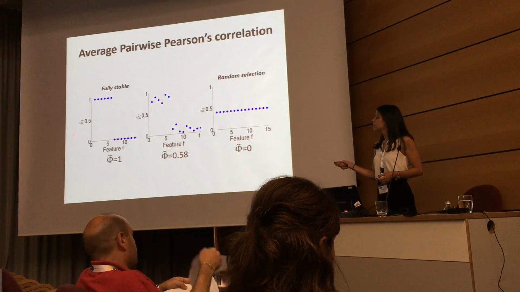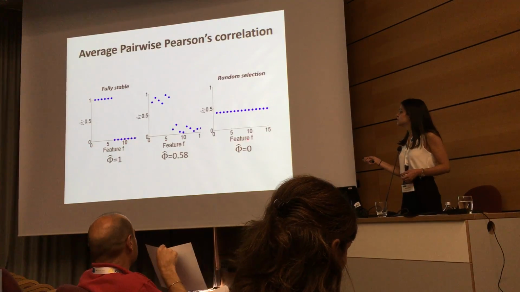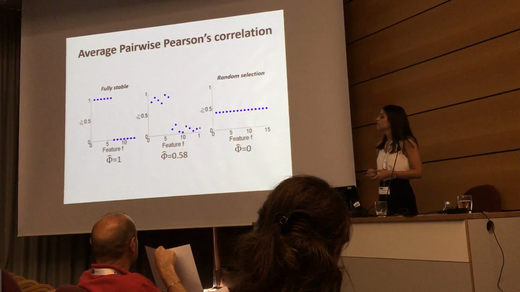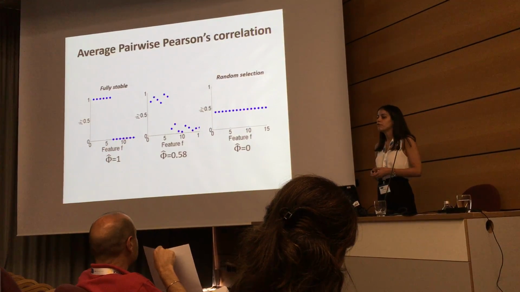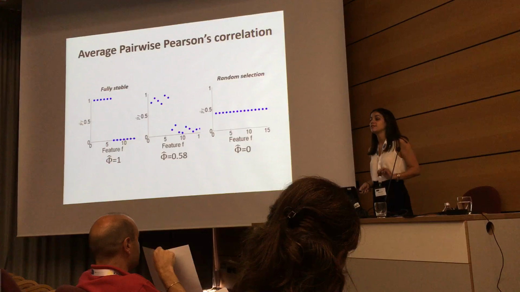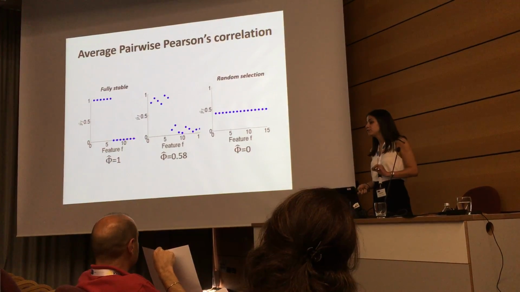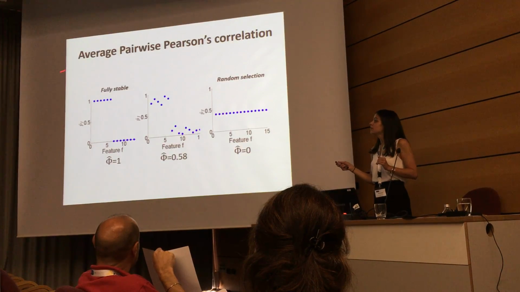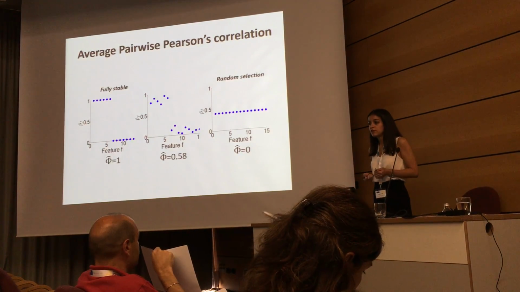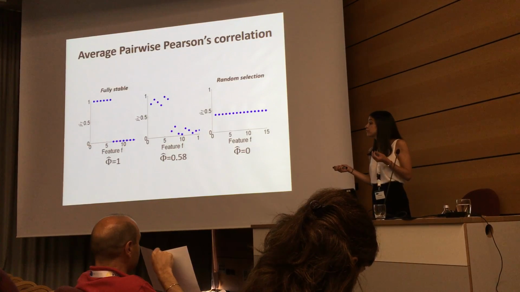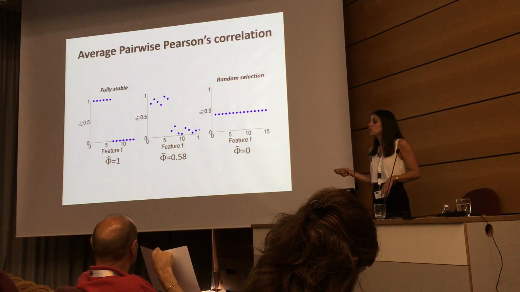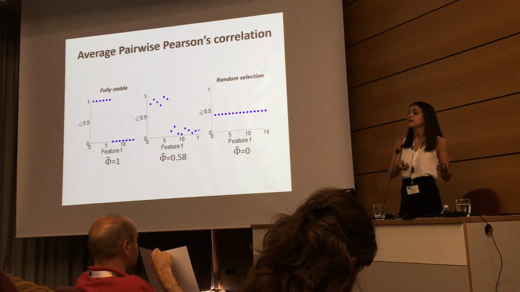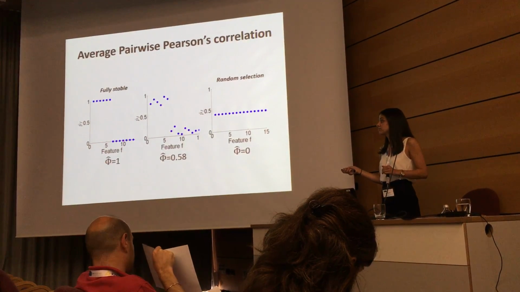So now these are 3 scenarios to understand how this stability measure works, using Pearson. So here on those graphs on the x-axis, we have the feature index, so feature 1, 2, 3, and so on. And on the y-axis, we have the observed frequency of selection of the features over the M repeats. So in this scenario, this corresponds to a fully stable scenario, where the observed frequencies are either 1 or 0, which means the features are either selected on every set, or never selected.